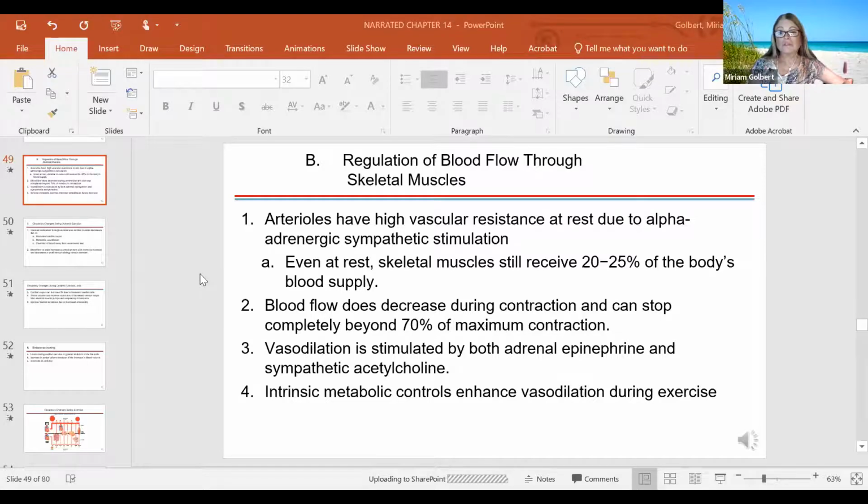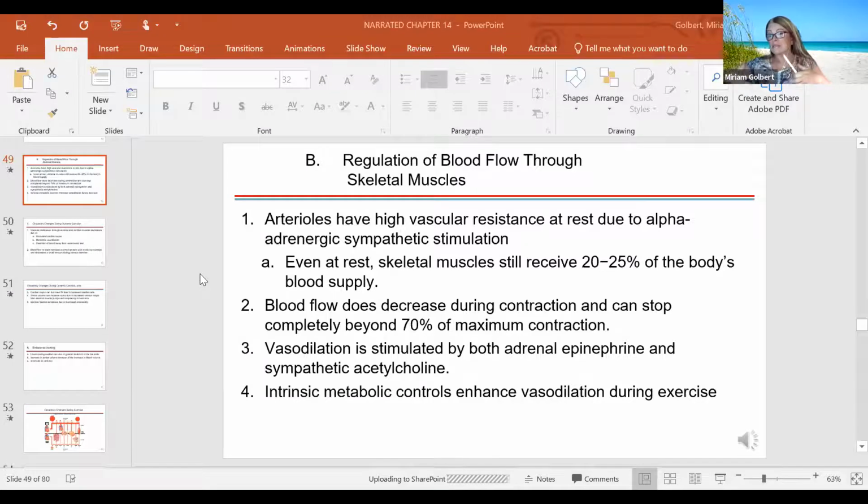And when you contract the muscles, the blood flow decreases because you're contracting the muscle. It's almost like you're doing a vasoconstriction to your arterioles, right? So epinephrine and acetylcholine, sympathetic, will vasodilate those little arterioles that tend to decrease in diameter when you're exercising.